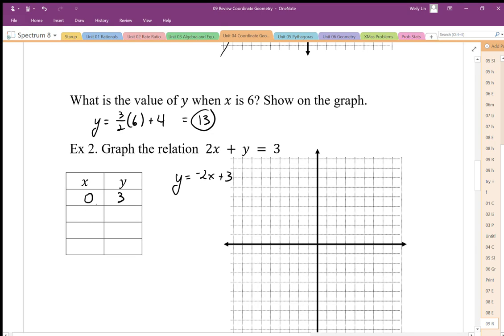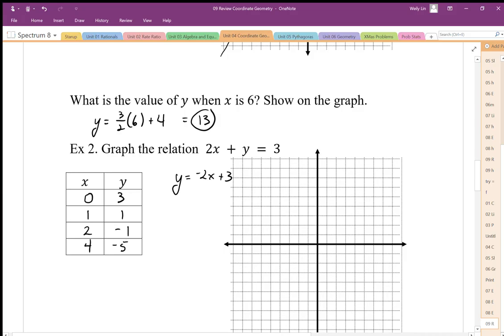And I can start plugging in points here. When x is 1, y is equal to 1. When x is 2, y is equal to negative 1. I'm going to jump a little bit. When x is 4, y is going to be negative 8 plus 3, which is negative 5.